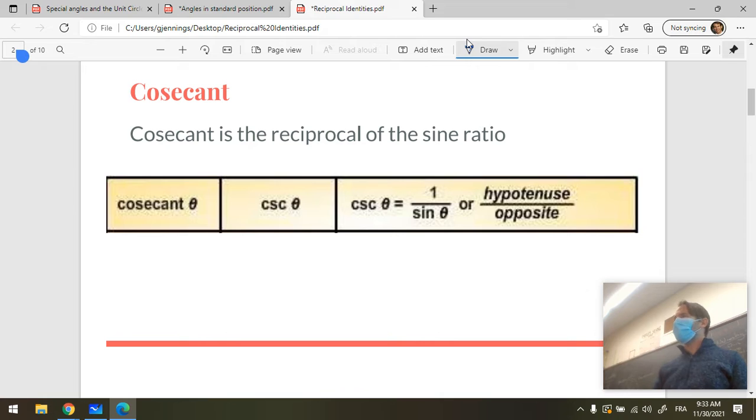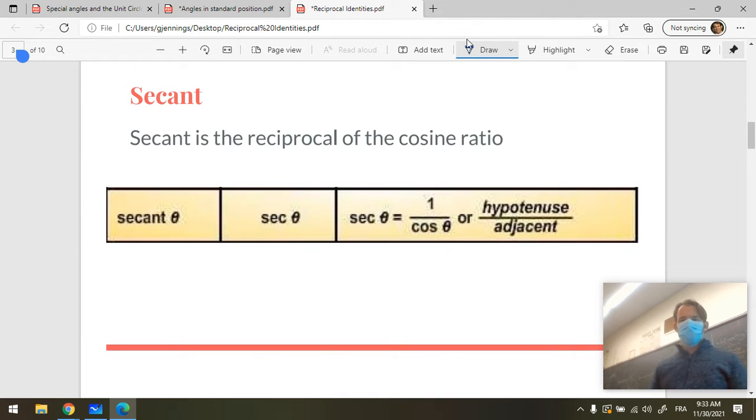We don't use these that often, but they are useful in setting up problems if you want the hypotenuse on the top. So here, I would write cosecant theta as equal to h over o. Hypotenuse over opposite is my cosecant. Secant is just the flipped cosine. Notice that it's not cosecant, and so it goes with cosine.